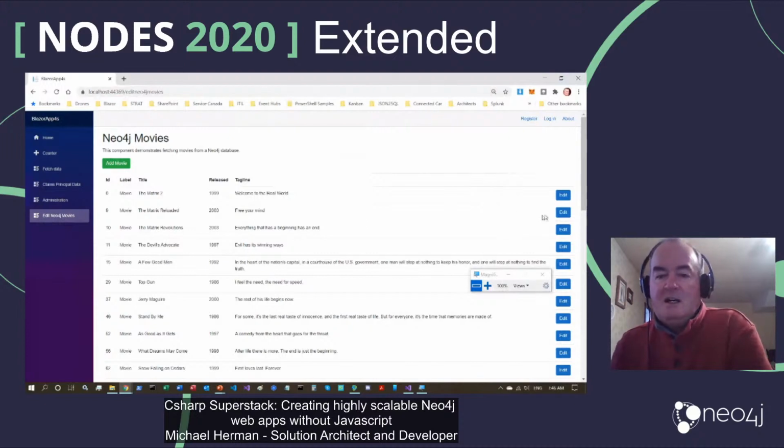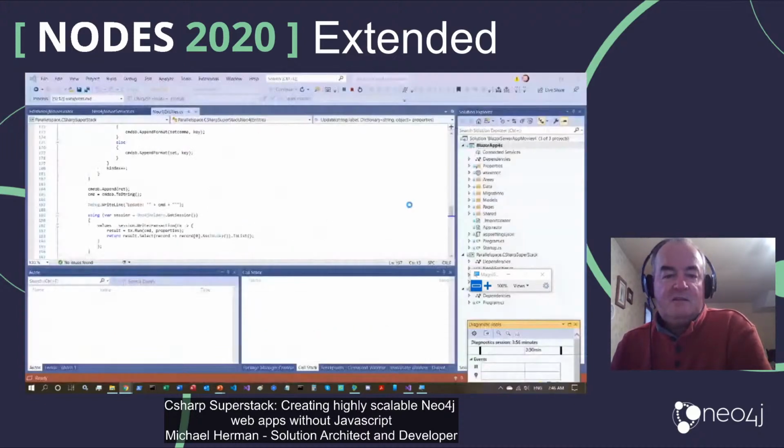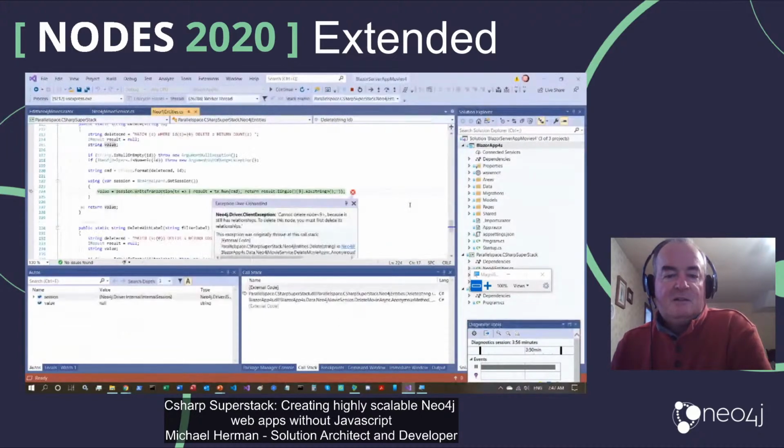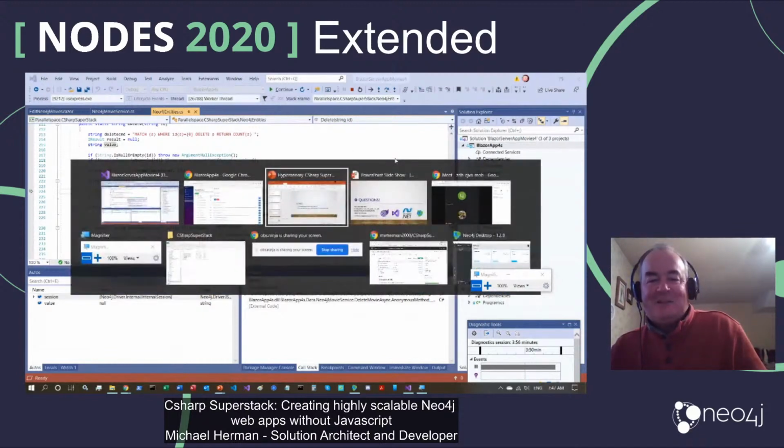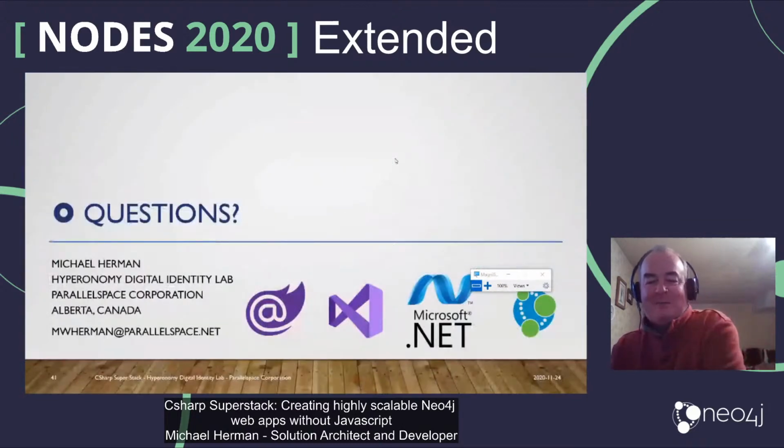We can go in here and edit this one and delete it. Anyway, I wasn't expecting that either. So let's leave it with questions, and I'll fix that up and publish that back up to GitHub for you.